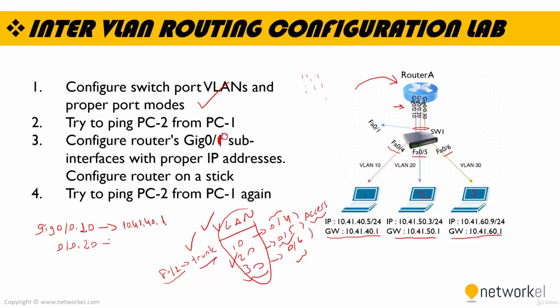This sub-interface should have an IP address of 51, and this sub-interface should have an IP address of 61. And please don't forget that we need to tag these sub-interfaces because we are gonna make VLAN communication over them.